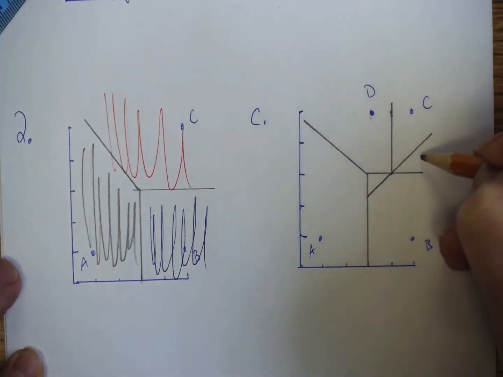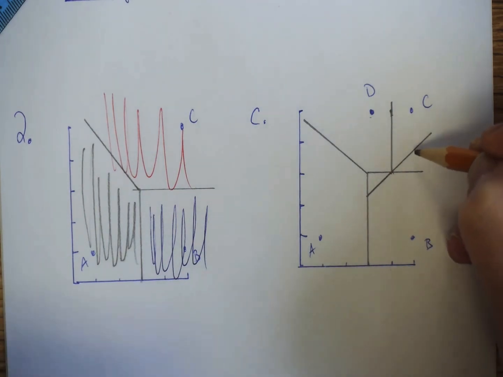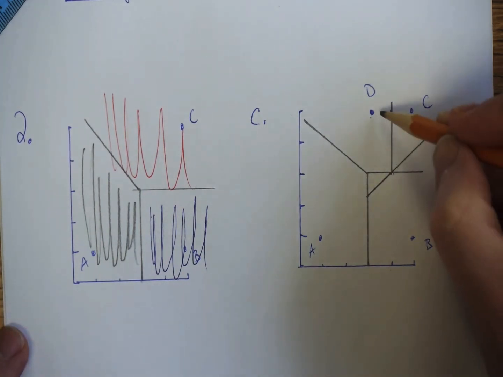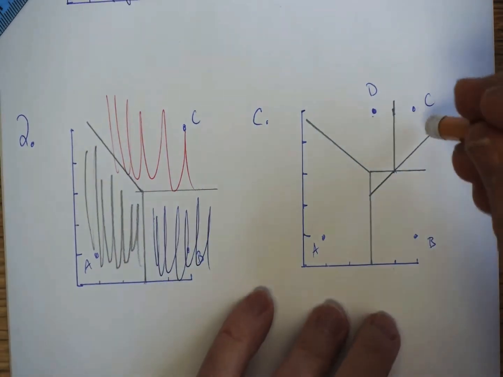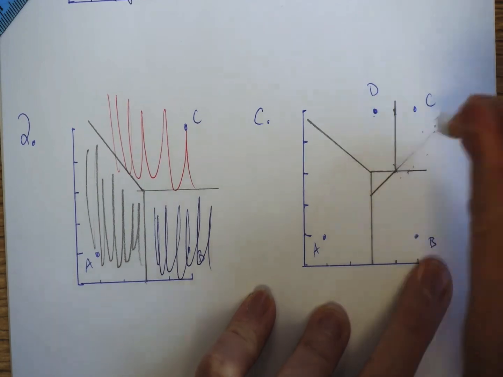So this line is to separate D and B. This is the bisector for D and B, and this one bisects D and C. So I actually don't need this one here. This one doesn't help me at all. It's not needed.